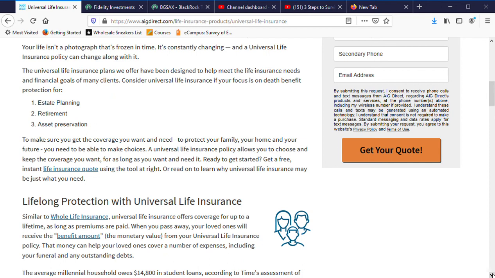This is part of my portfolio: I have stocks, I have bonds. Well, I don't have bonds, but I plan to invest in bonds, and then universal life. Also, I work for a community college, and they have an investment entity that you can invest in.